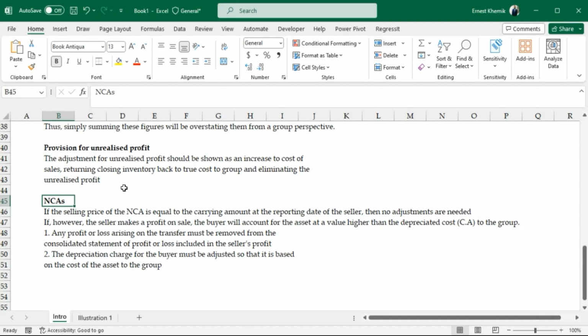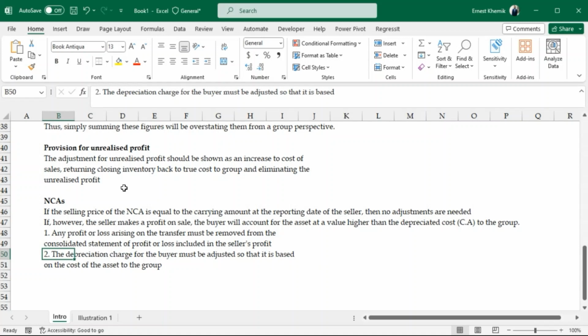in the consolidated statement of profit or loss, just as we had in the consolidated statement of financial position. So what we are saying is that any profit or loss arising on the transfer must be removed from the consolidated statement of profit or loss, and then any depreciation charge for the buyer, that's the buyer or the acquirer, must be adjusted so that it is based on the cost of the assets to the group.